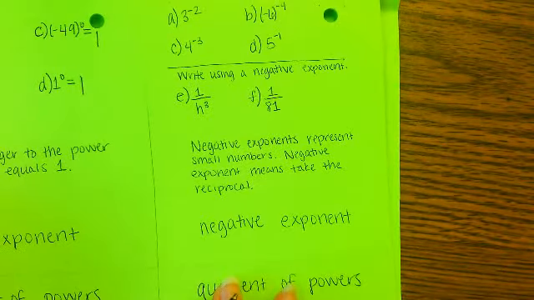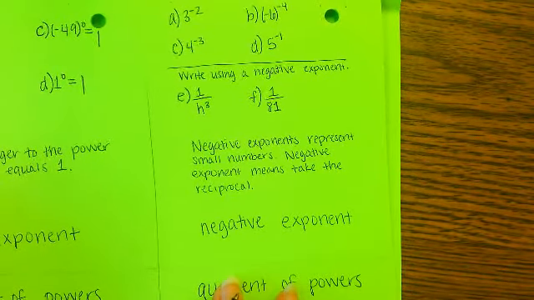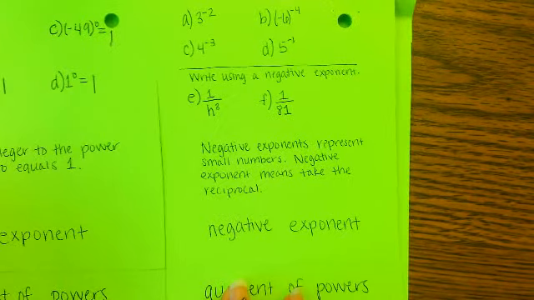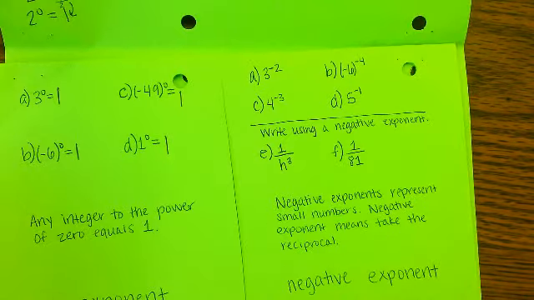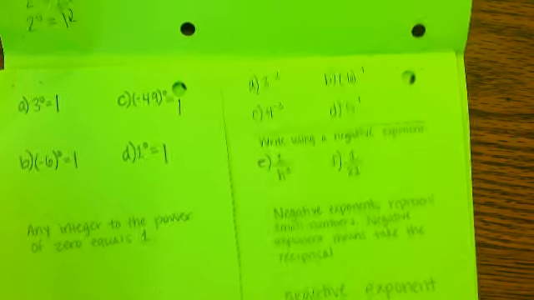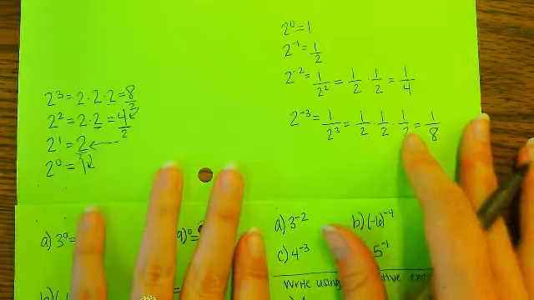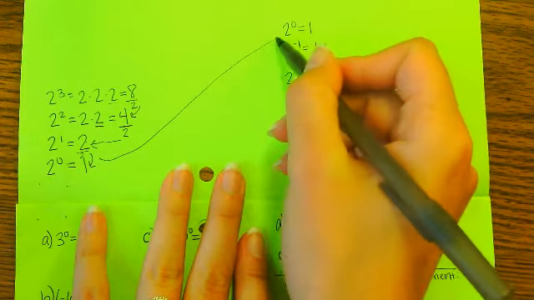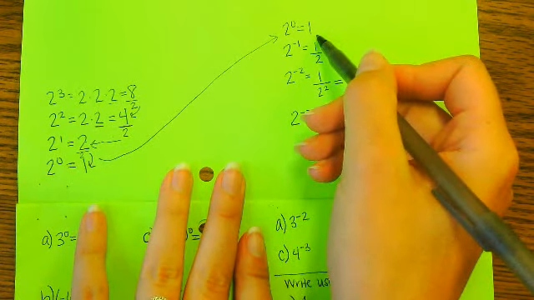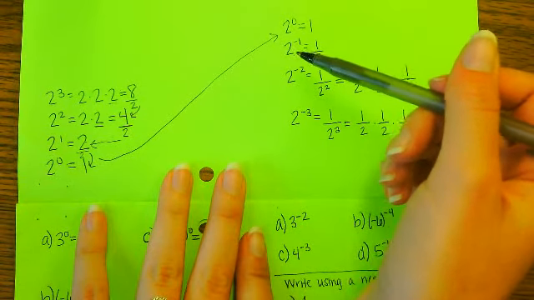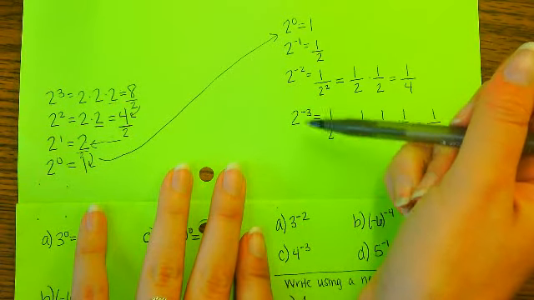Now the negative exponent property: negative exponents represent small numbers. Negative exponent means to take the reciprocal. Well, let's continue with the 2 cubed example up here. Again, we're going with 2 to the 0 power equals 1. You can actually go past 0 and you can have negative exponents.